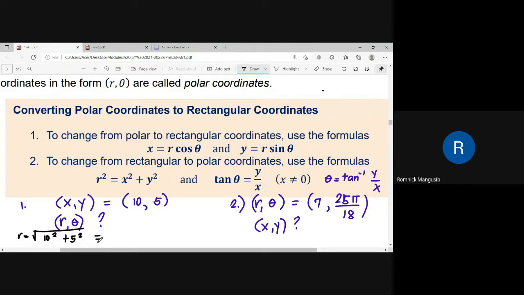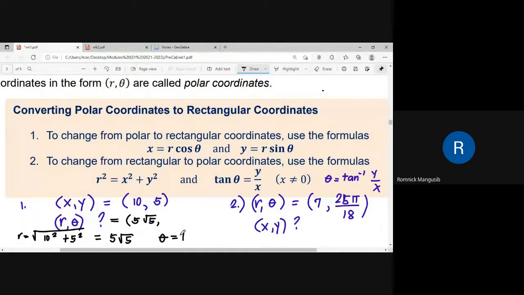Okay, pwede na tayo mag-approximate lang sa radius na yan. So 10 squared plus 5 squared, it is 5 square root of 5, no? Radius is equal to 5 square root of 5. So this will now be 5 square root of 5 for the radius. And then for the theta here, theta must be in radian.